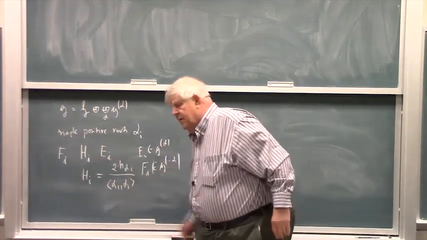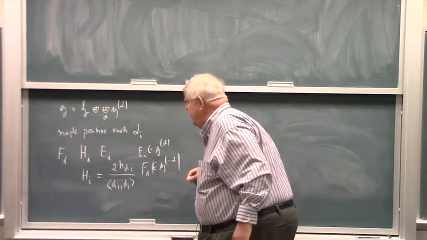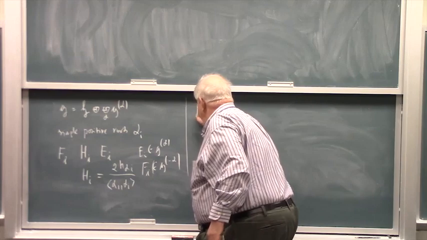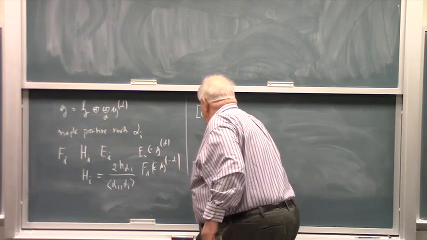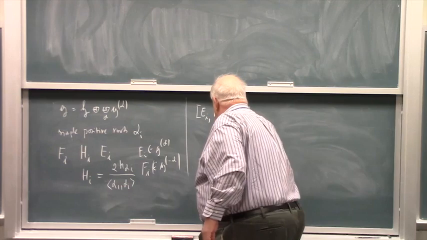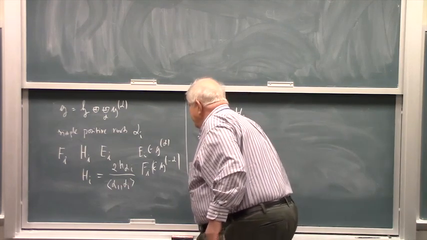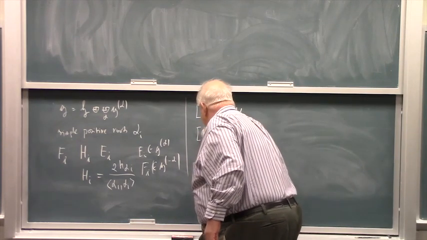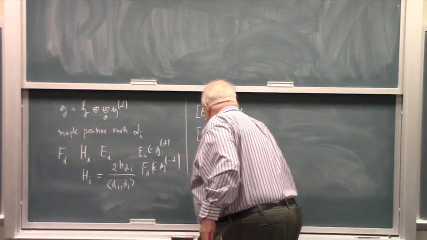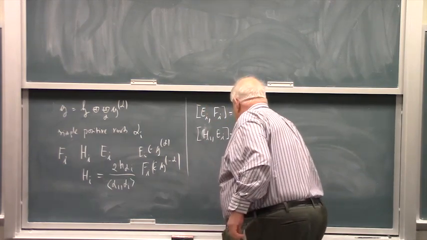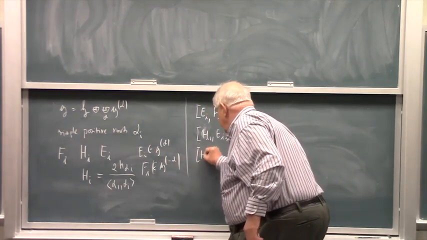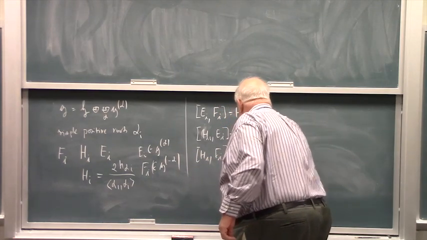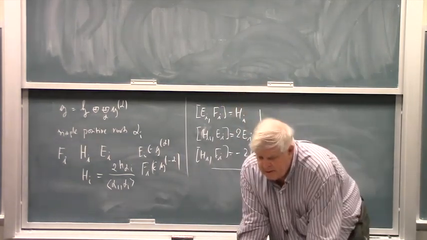Moreover, I choose E alpha and F alpha in such a way that the commutator of EI and FI is HI, and HI EI is 2 EI, HI FI is minus 2 FI. So you see that this is the algebra SL2.